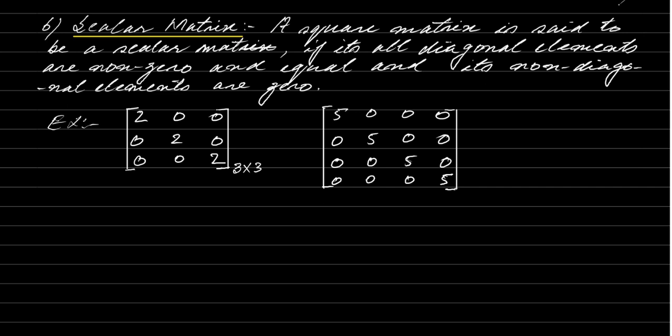Now diagonal elements may be any number but equal, 6 6 6, 4 4 4, 3 3 3. But the definition is a square matrix is said to be a scalar matrix if its all diagonal elements are non-zero and equal, and its non-diagonal elements are 0.